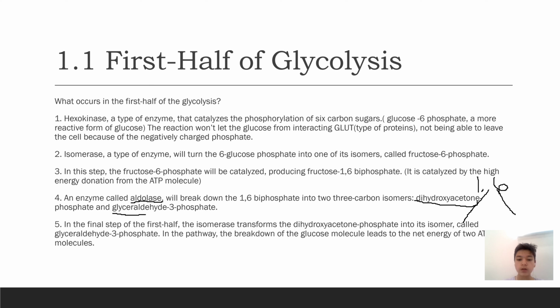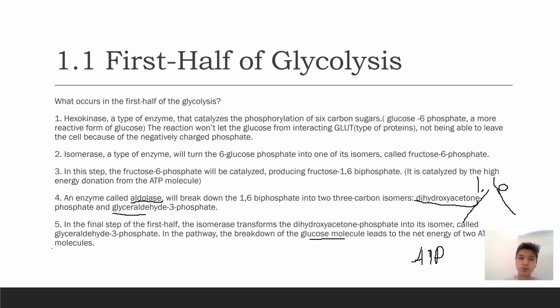In the pathway, the breakdown of the glucose molecule leads to the net energy of some molecules. If you can see, this part means ATP. The thing that's covering it is the ATP molecules. So let me write it down.